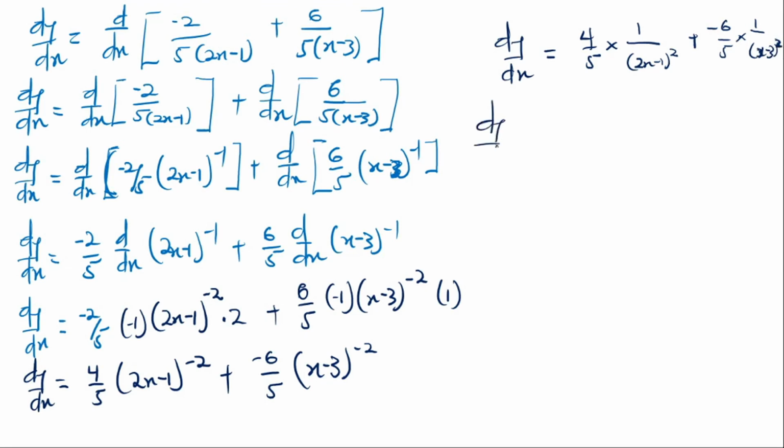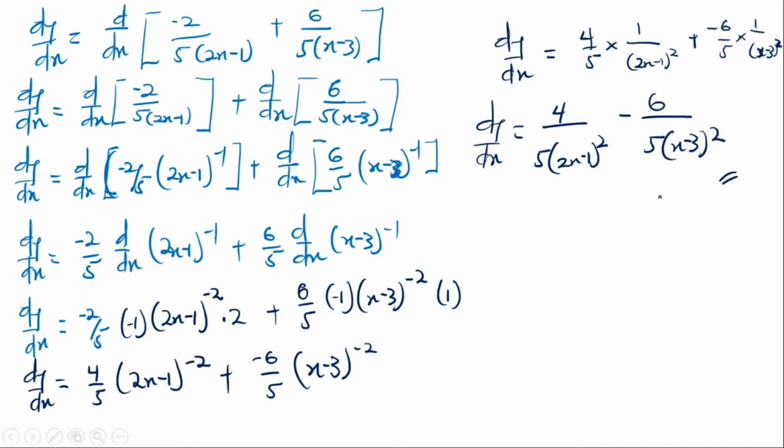So our dy/dx, rewriting this in a more suitable way, will become 4 over 5(2x - 1) all squared, minus 6 over 5(x - 3) squared, as our final answer for differentiating example number 2.